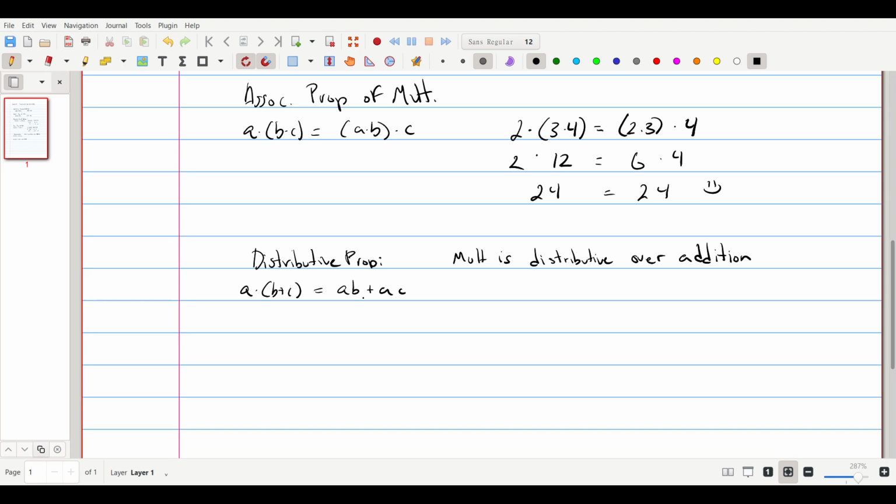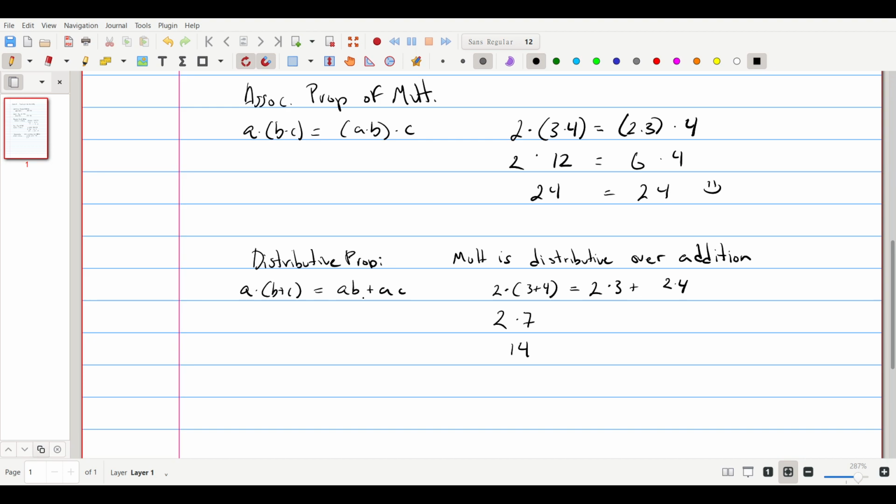For instance, just to put numbers, 2 times (3 plus 4) is the same as 2 times 3 plus 2 times 4. If we do this operation first, there are parentheses, so 3 plus 4 is 7, then times 2 gives us 14.